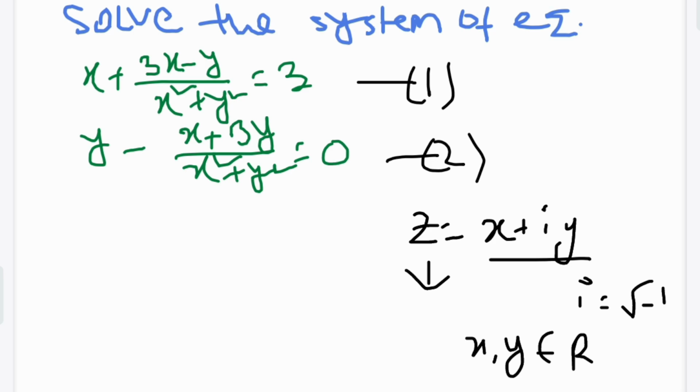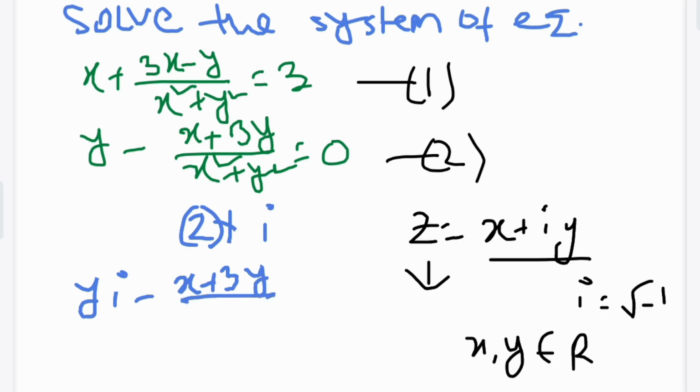So what we are going to do here is multiply equation 2 by i. So that is yi minus (x plus 3y) over (x square plus y square) into i, equal to 0. So 0 into i, that is 0, right? Let's mark this equation by 3.